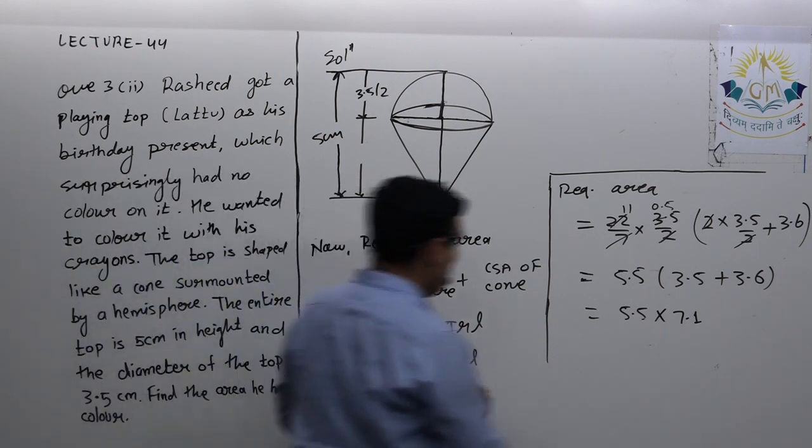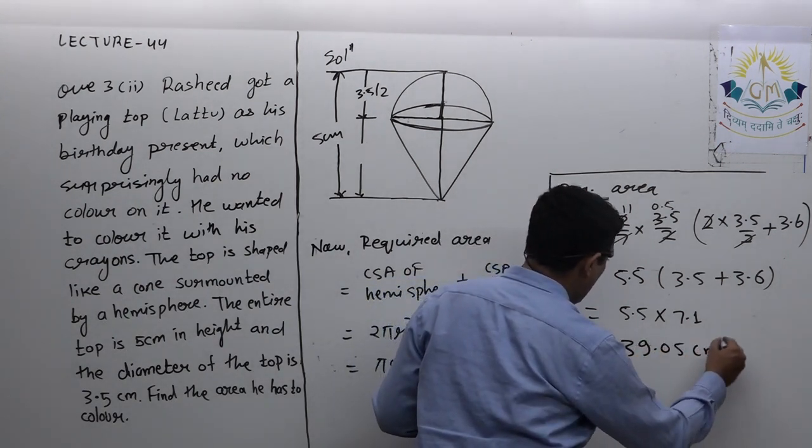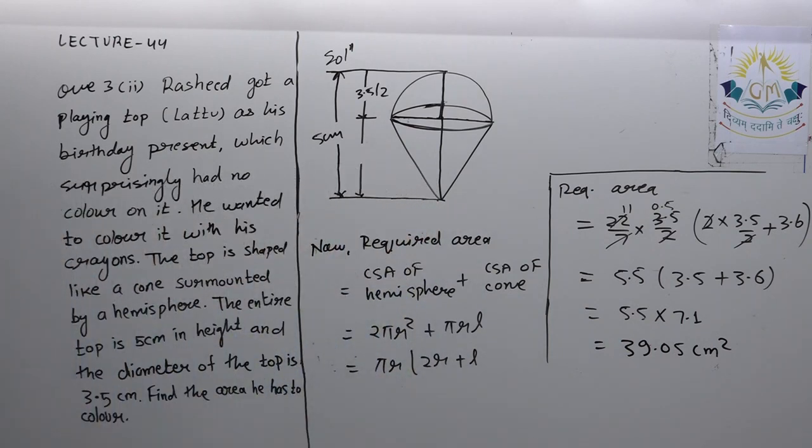So this is actually 39.05 centimeter square. So this is the final answer. Please note it down, then we'll see the next question.